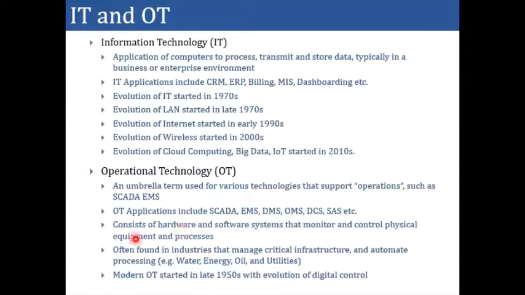So those technologies which are responsible for automation at the critical infrastructure fall under operational technology. The important thing to mention here is that the evolution and better modernization of operational technology started with the evolution of digital control.